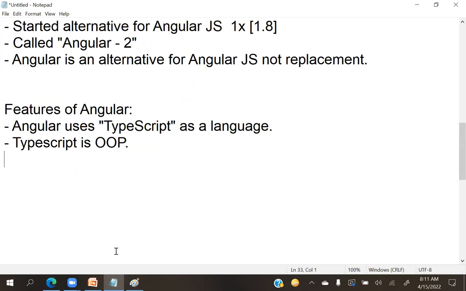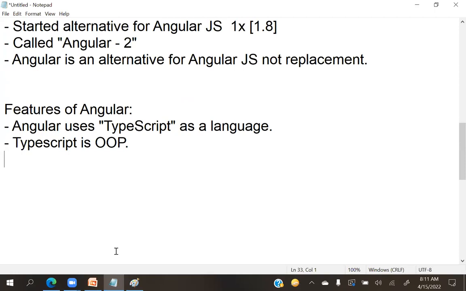And very surprisingly, just 2-3 days back, Microsoft successfully did a trial run of TypeScript directly running on the browser. That is a great revolution. TypeScript is not understandable to browsers. Browsers can understand only JavaScript. Even if you learn TypeScript as a language, it needs to be translated into JavaScript.